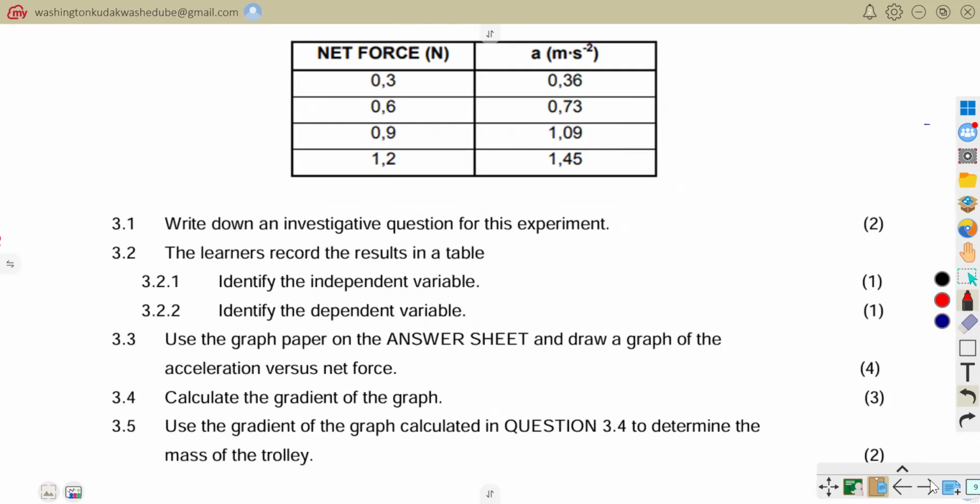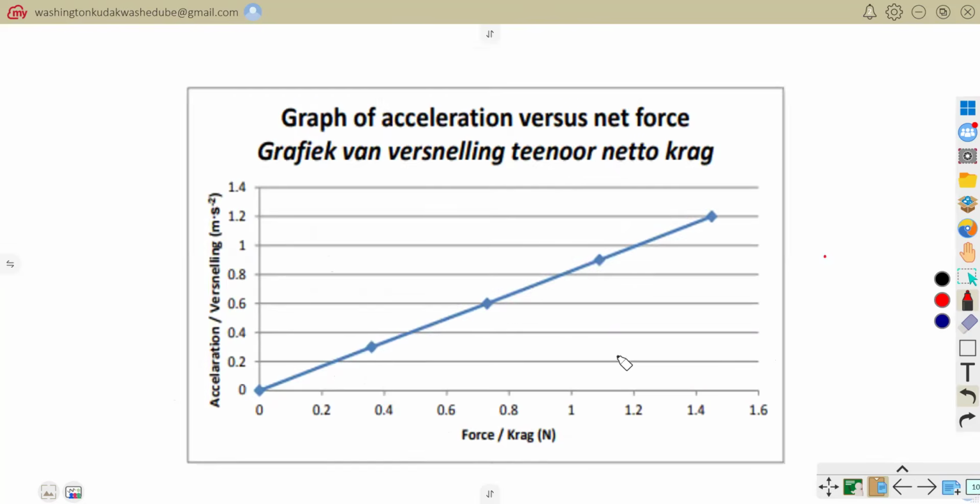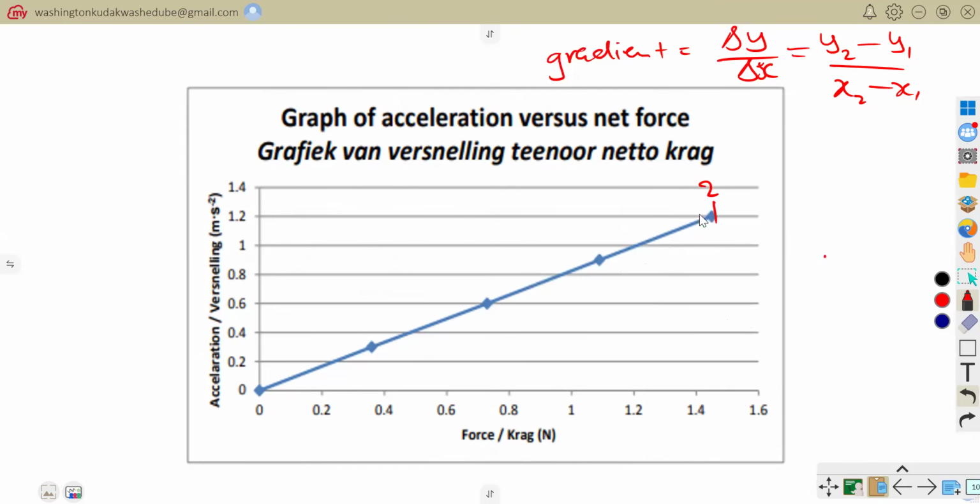Now the gradient of the graph, given this graph, we know that gradient is given by change in y over change in x. I can take my y point at point 2 minus my y point at point 1, over my x point at point 2 minus x point at point 1, where I would simply choose this to be my point 2 and that to be my point 1.